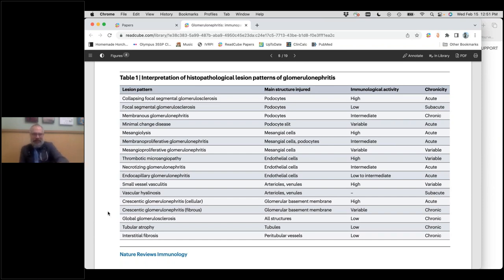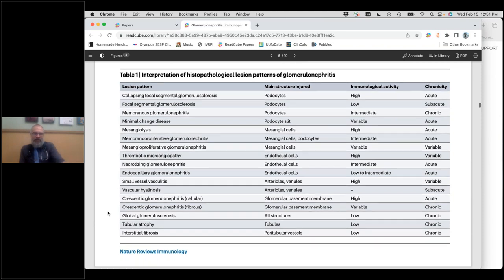This is breaking things up a little bit, but I wasn't sure what you guys thought. While the lesion pattern, which is what we often think of as historically our diagnoses, FSGS, minimal change disease, MPGN, is angioproliferative, the structures that I injured made sense to me. But I didn't necessarily agree with their categorizations for the chronicity.